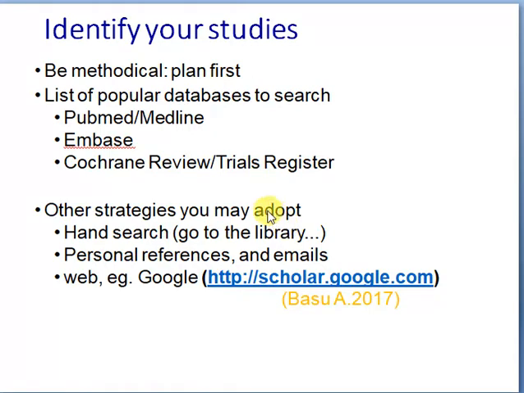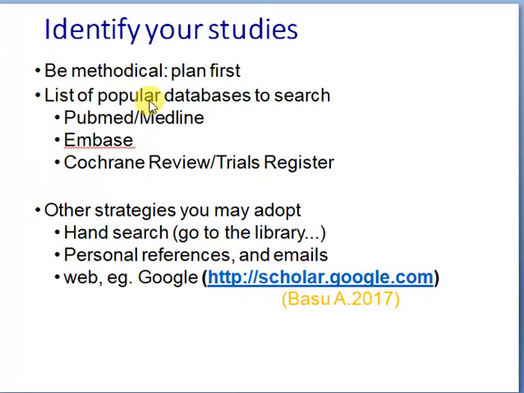Identifying our study. This is the first step when going to search for our studies. Methodologically, we have to plan first which type of method we're going to use for our studies. It might depend on our topic of interest, so we can identify it.